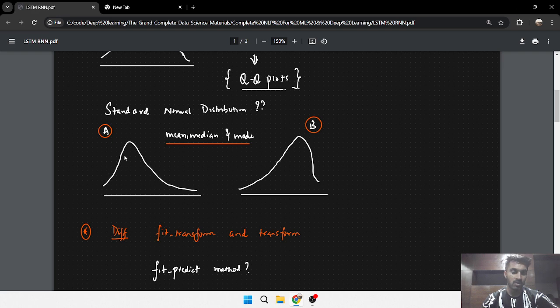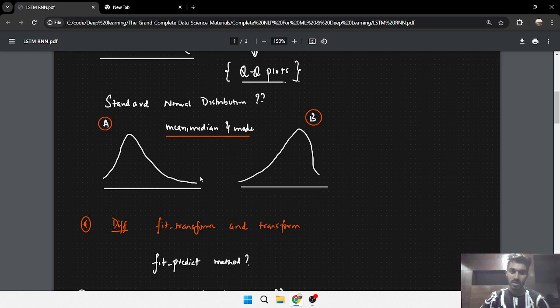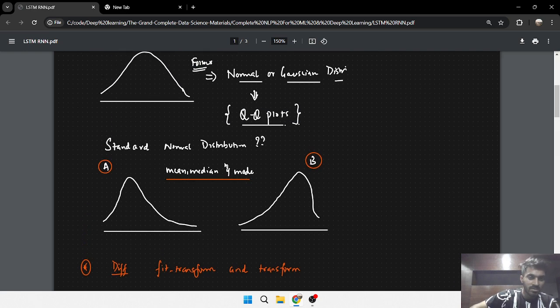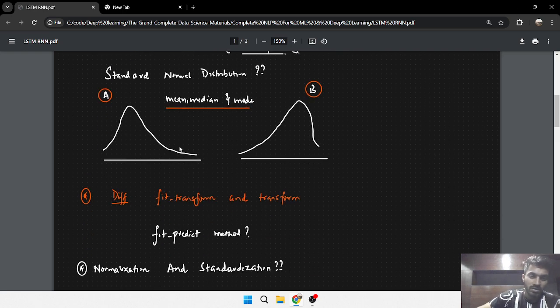Now the question is, if you have a left skewed and a right skewed data set, what is the relationship between mean, median, and mode? This is a very good question, and many interviews will ask it. This is a right skewed graph.